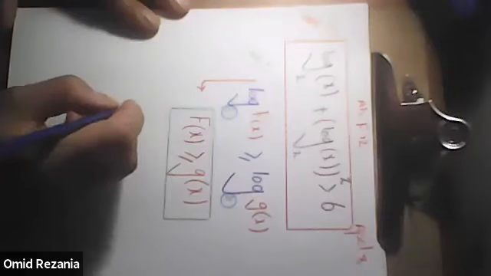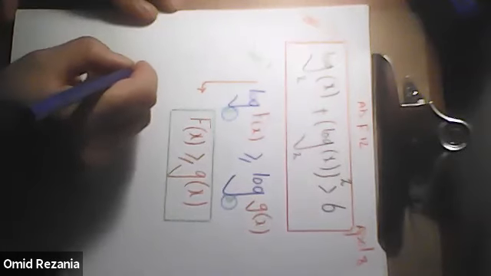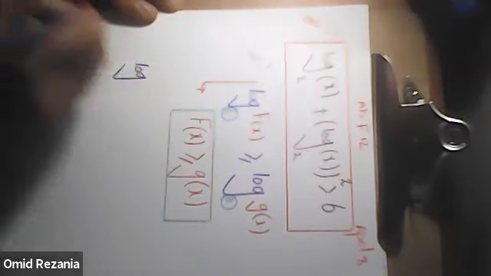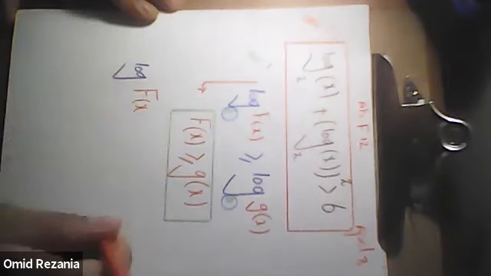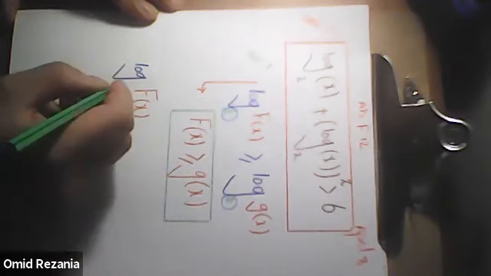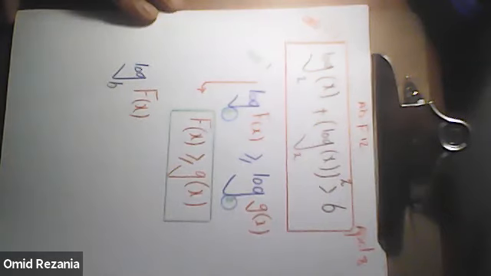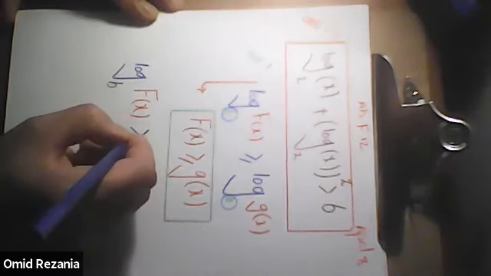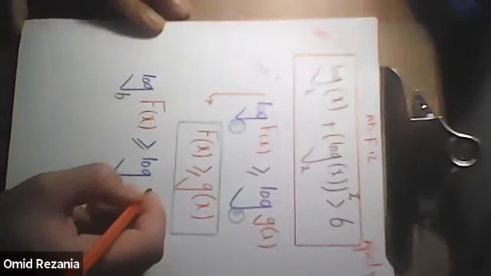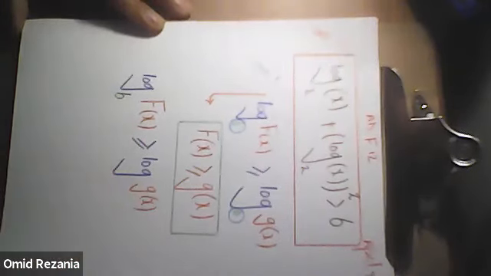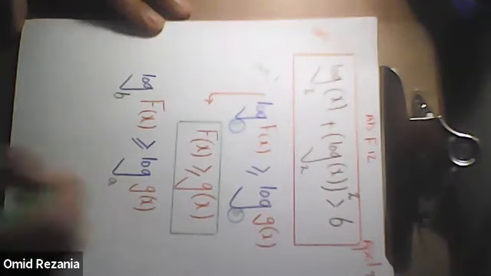But for case number 2, we said that, okay, in the other cases, we may have, for example, the log of f of x with its base, for example b, greater or less than, for example, the log of g of x when the base is a.